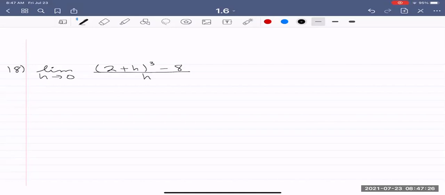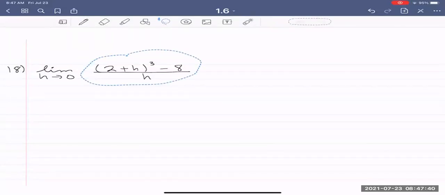Therefore, simplify it so that I have an expression which is equal to this original expression everywhere except possibly when h is 0, or at least everywhere near h equals 0, but not necessarily equal when h equals 0.